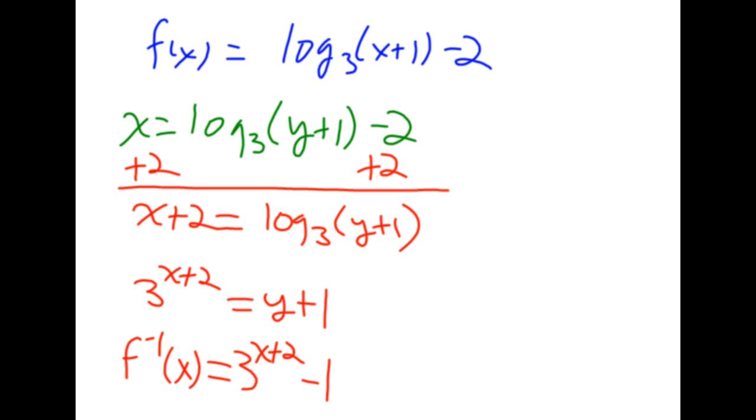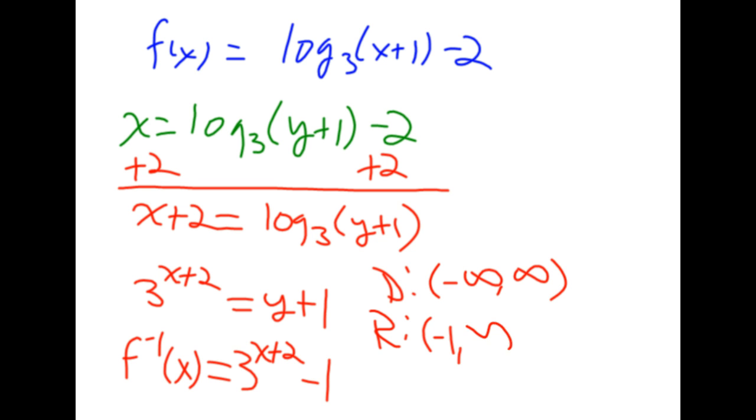Now, let's look at the domain and the range of the inverse. The inverse is an exponential equation, so its domain should be all real numbers. Its range is from its asymptote, k, to infinity, and it has a horizontal asymptote of y equals negative 1.